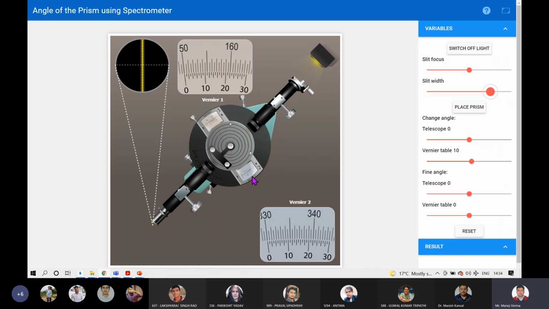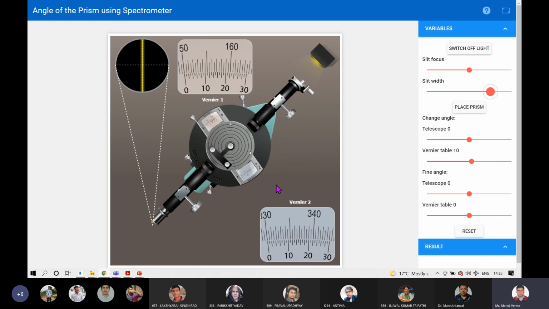Now, on the prism table, you can see there are two vernier scales, and they are supplementary to each other, 180 degrees apart. Now, why are there two vernier scales? You have to take observations from both vernier scales and do the calculations from both for the same observations, just to reduce errors.